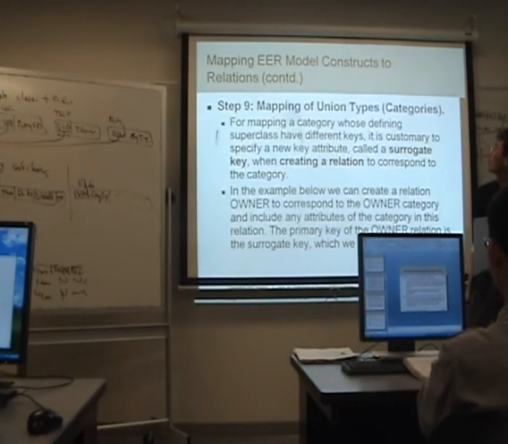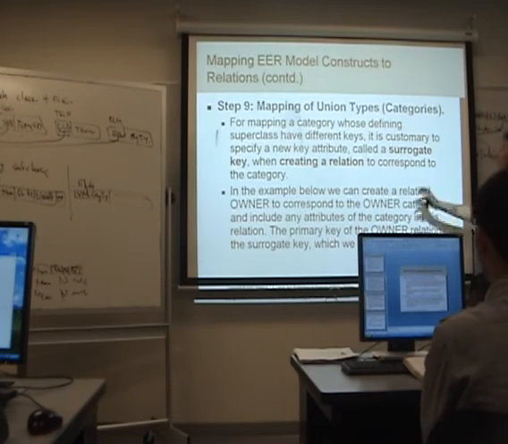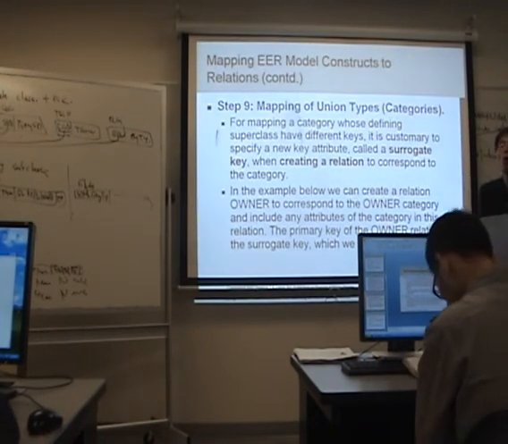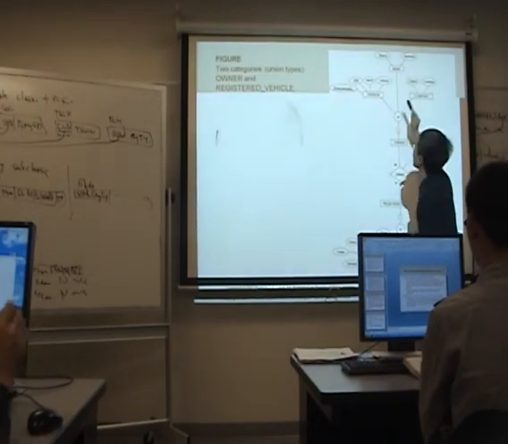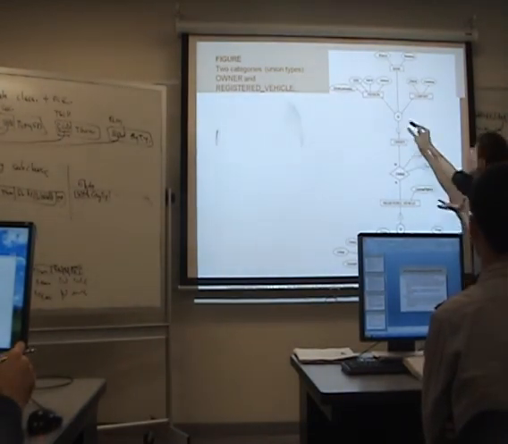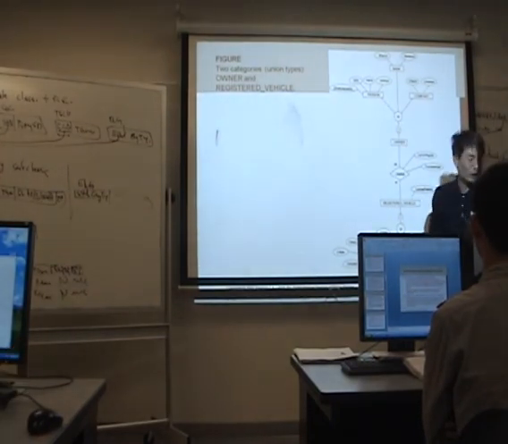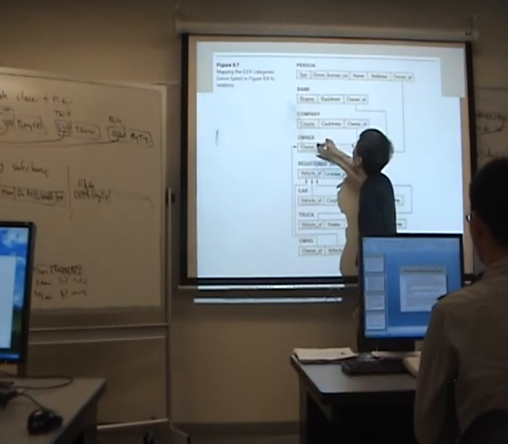Okay? And last is mapping union type. I will show the slide. Let me finish this one. For the union type, we have multiple parents. For the parents, we have different primary keys. So we should have a common, same primary key for the parent superclass. That is called a surrogate key. So we need to create a surrogate key, in this case owner ID.